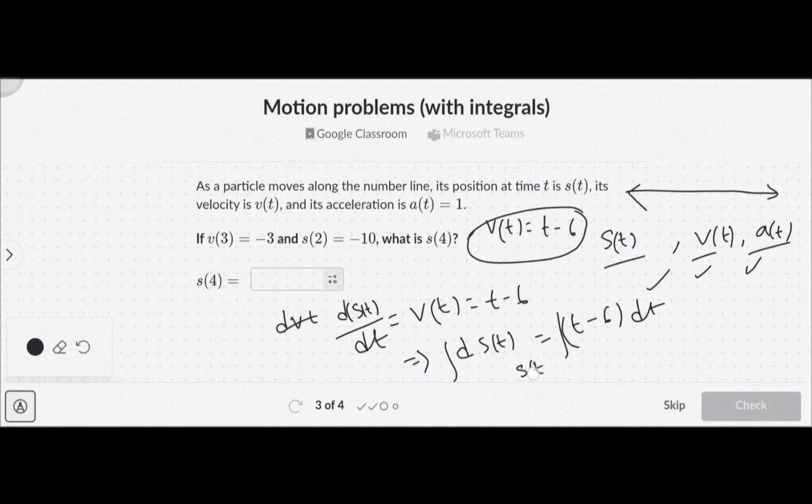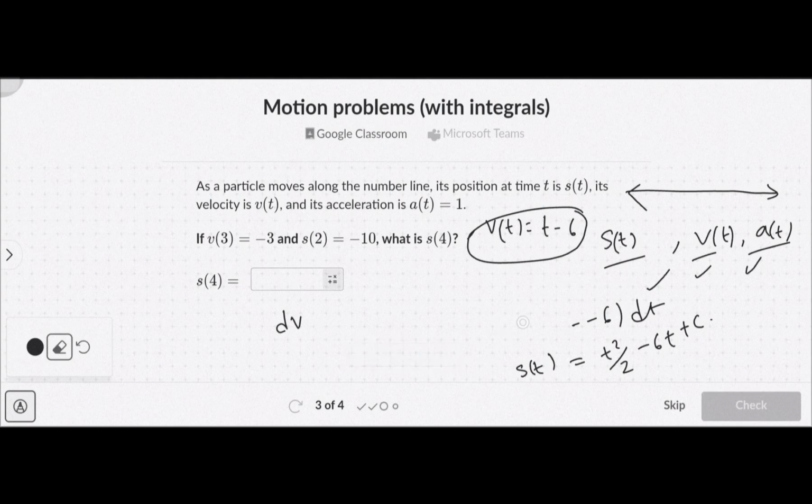This gives s(t) is equal to t square by 2 minus 6t plus c. Now apply the boundary condition. The boundary condition is here.